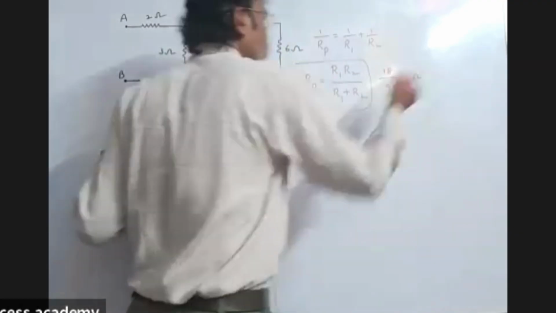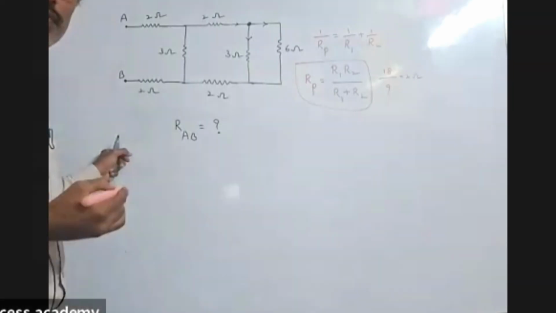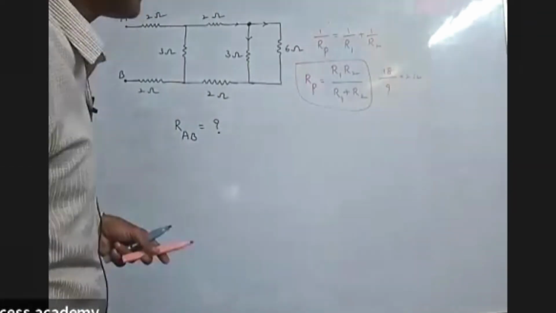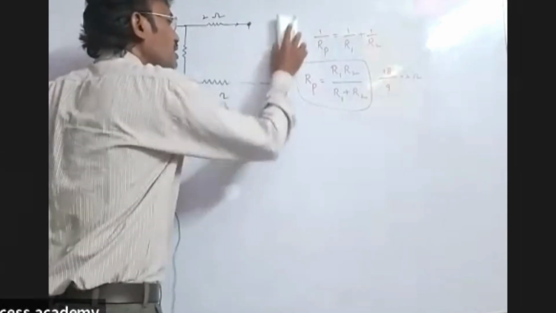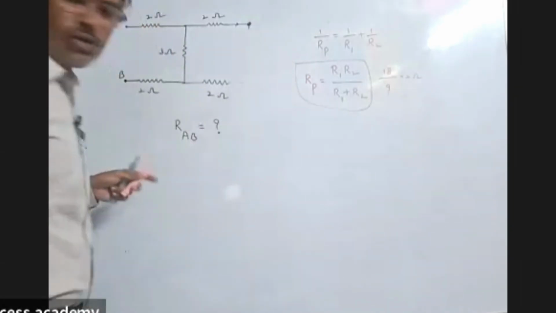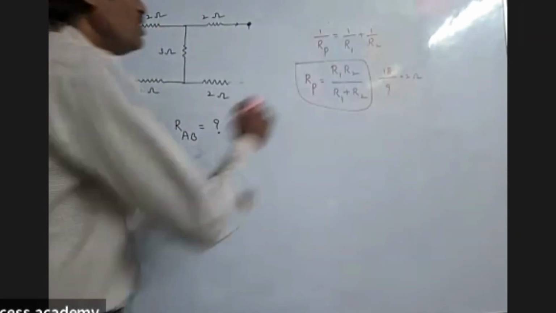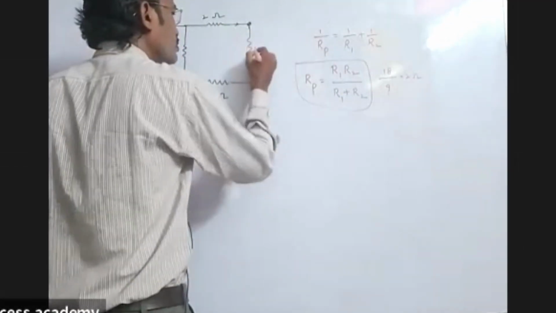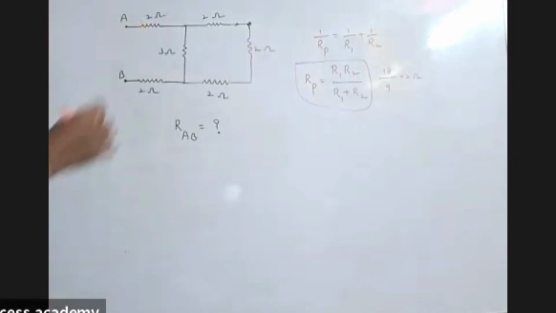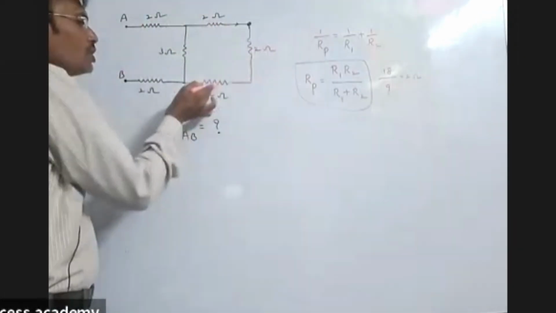That is equal to 2 ohm. So in the place of 3 and 6, we can replace with only one resistor having the value 2 ohm. Now 2 ohm, 2 ohm, 2 ohm.